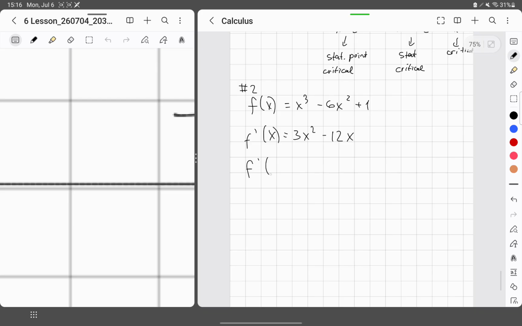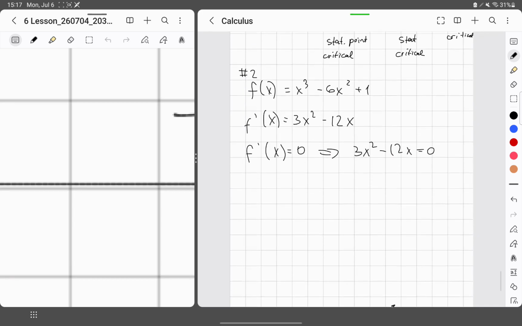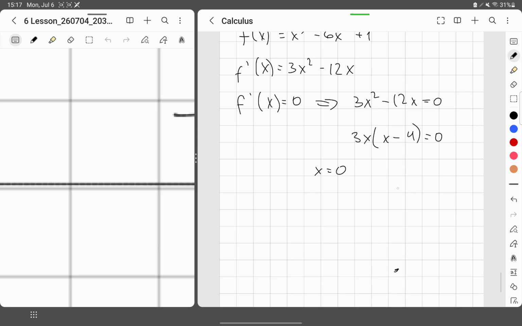And in order to find stationary points, we need to set it to 0. So 3x squared minus 12x equals 0. So 3x times x minus 4 equals 0. What are our roots? 0 and 4.